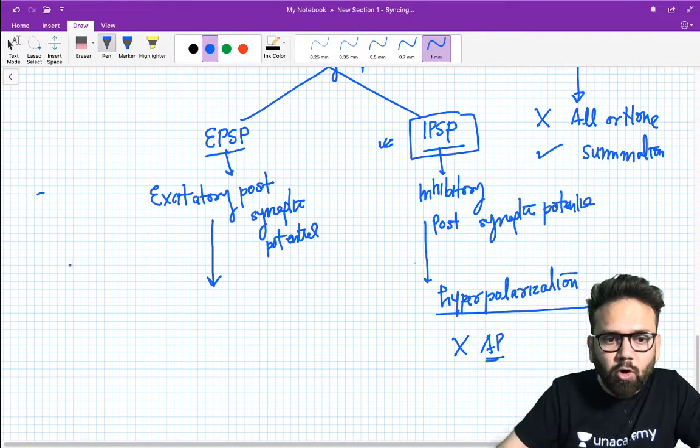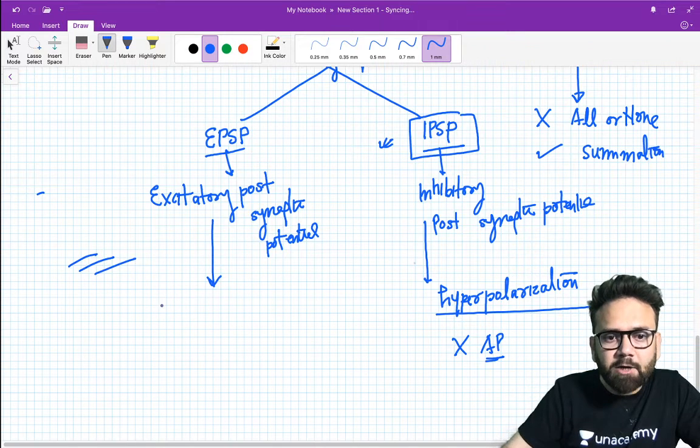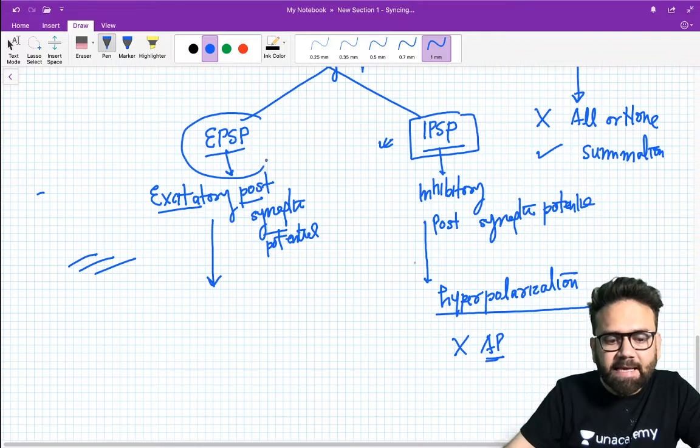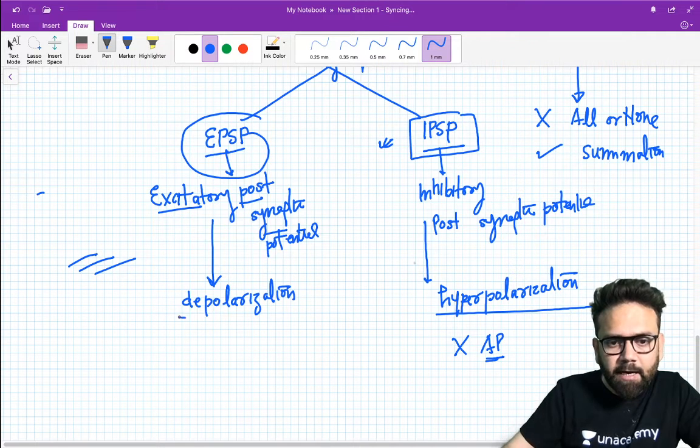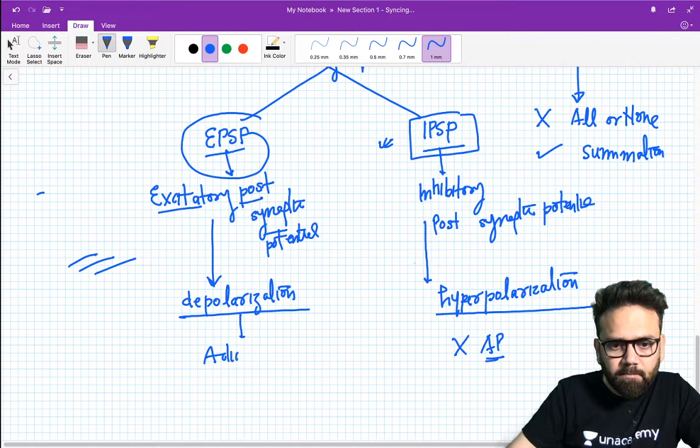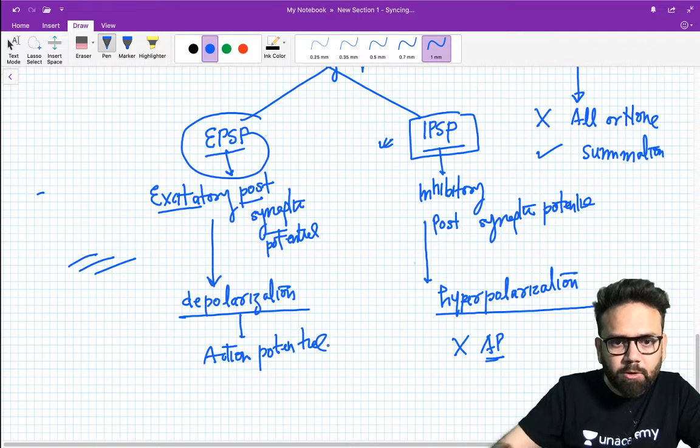And when they are summated together and cause excitatory postsynaptic potential, it is called EPSP, and this causes depolarization, and this can cause action potential.